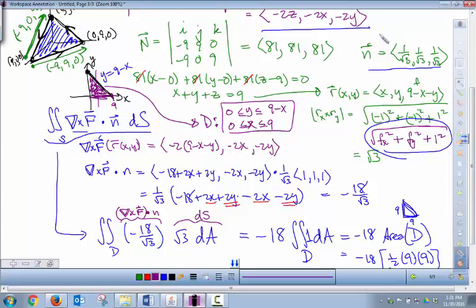Yeah, so this has to be a unit vector. So we found a normal vector. It was constant. It's great to have constant normal vectors, and then you just shrink it down to a unit vector, and that's what you get to use here. Okay?